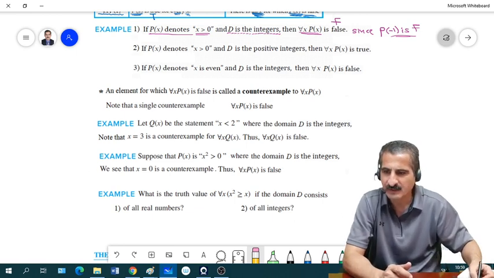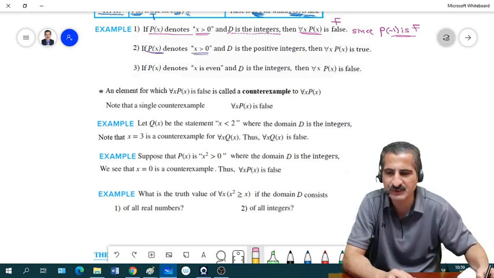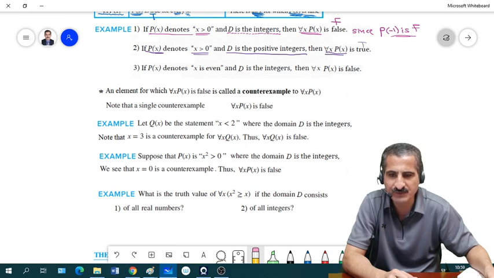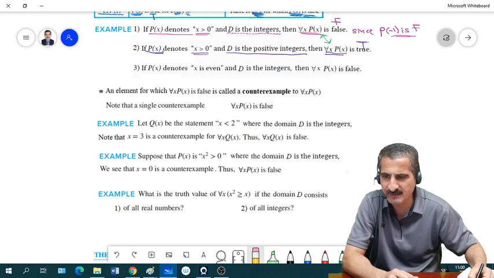Okay. Again, let p of x denote x is greater than 0, but this time we change the domain to be the set of positive integers. Then for every x, p of x becomes true. Note that this statement here and here have the same quantifier and the same predicates.